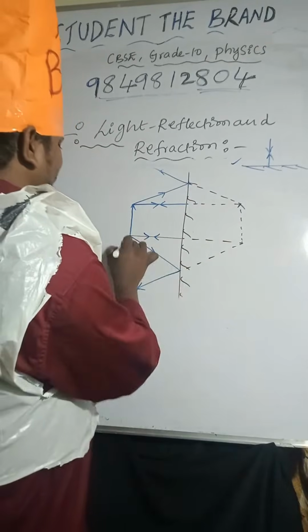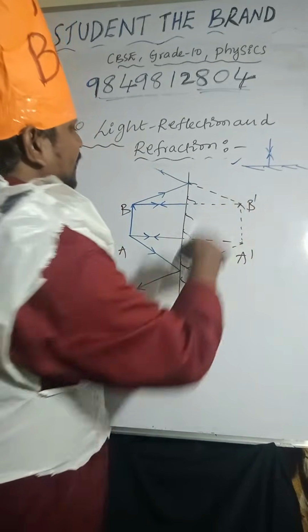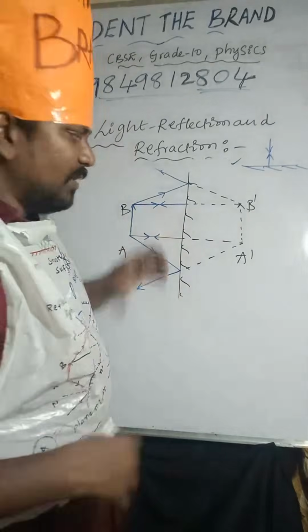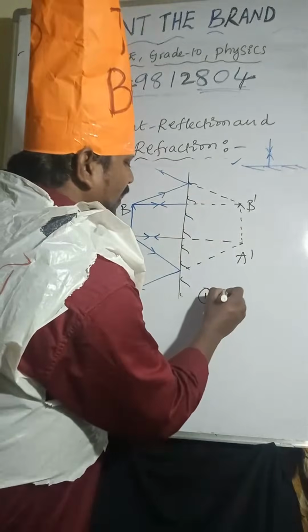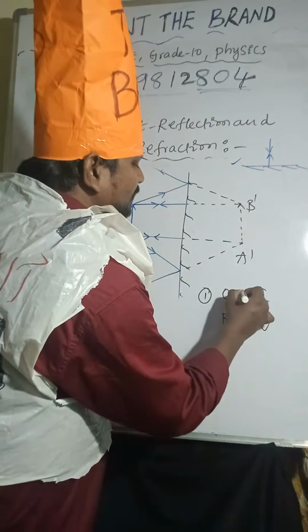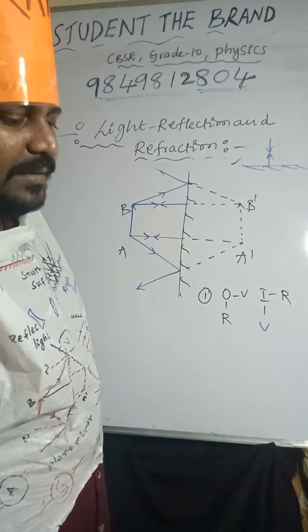So this is the object AB, and this one is A dash B dash. Here, this is a plane mirror. First one: object is real, image is virtual. Object is virtual, image is real, as I said before.